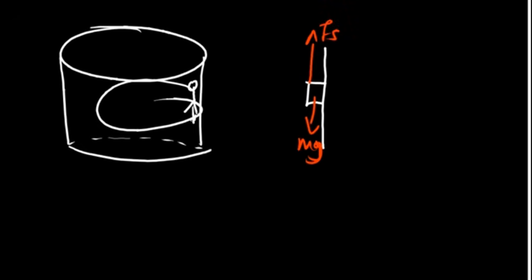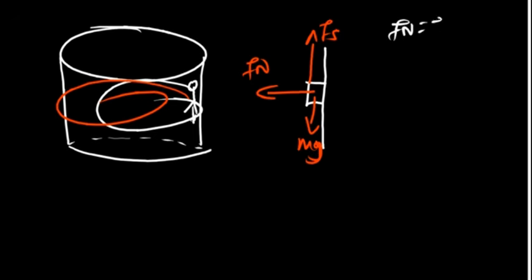Now, in this case, since the object is rotating in the x direction, the normal force is going to be directed inward. So we have the normal force. When something is rotating in the drum, we only have three forces: the friction force pointed up, the mg pointed down, and the normal force pointed in the direction of the centripetal force. Since the normal force is directed inward, the normal force is equal to the centripetal force.